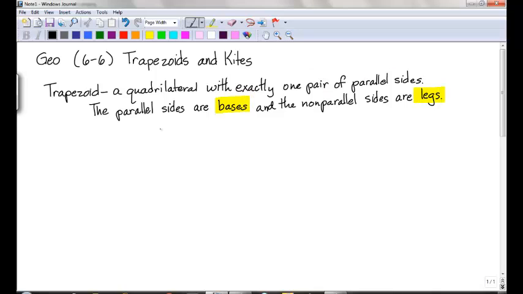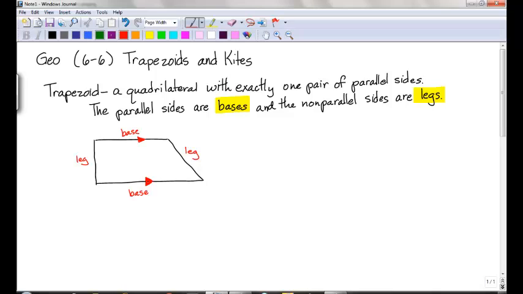Let's look at a picture. This is one example of what a trapezoid might look like, with one pair of parallel sides. So let's say this side is parallel to this side. Only one side is parallel to the other side. This would be a base, this would be a base, and these would be legs.